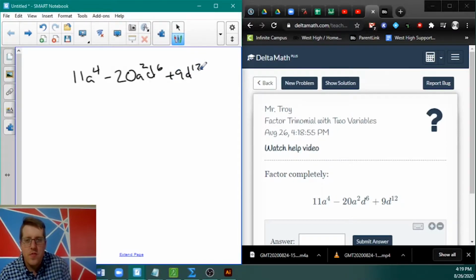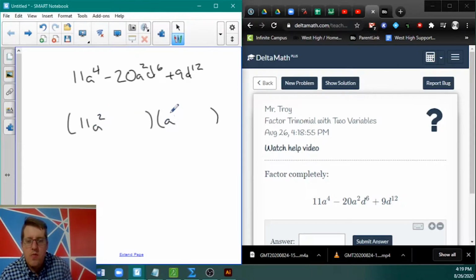All right, so 11 is prime. So I assume I'm going to have an 11 and a 1. And these are going to be a squareds. And the reason they're going to be a squareds is because when you multiply them together, you get a to the fourth.